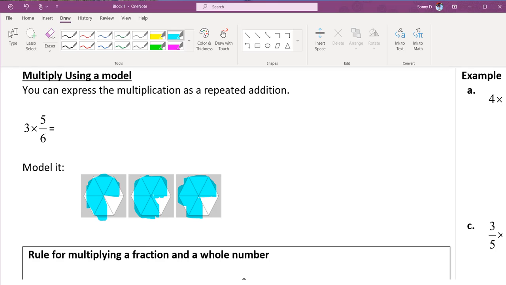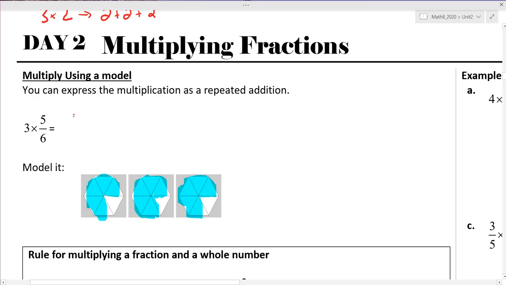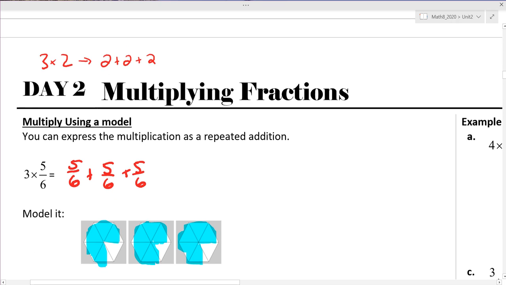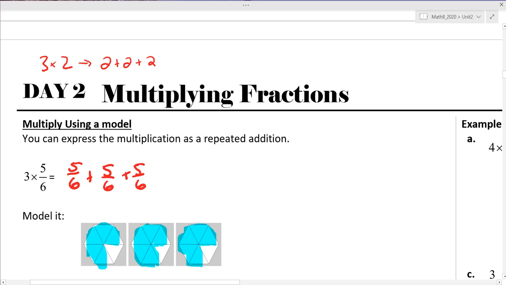So what this means is we have 5 over 6 plus 5 over 6 plus 5 over 6. Adding is slow. That's why we do multiplication. In the previous example, we don't want to go 2 plus 2 plus 2. That's not too bad, we can do that in our head, but what if there were 15 2's? That's why we do multiplication.